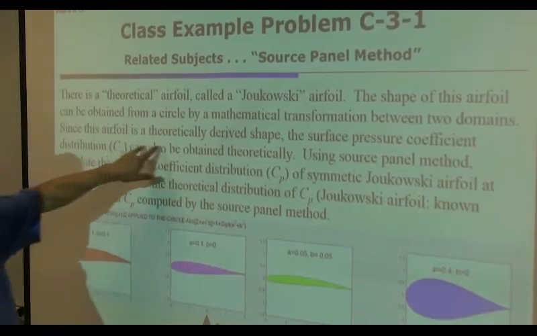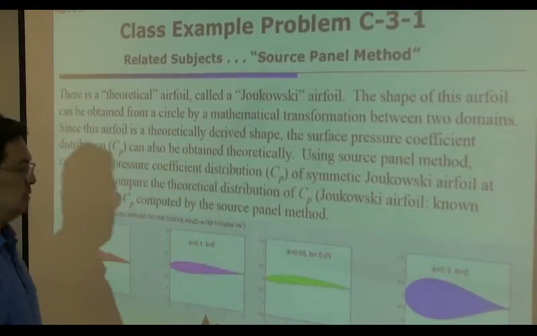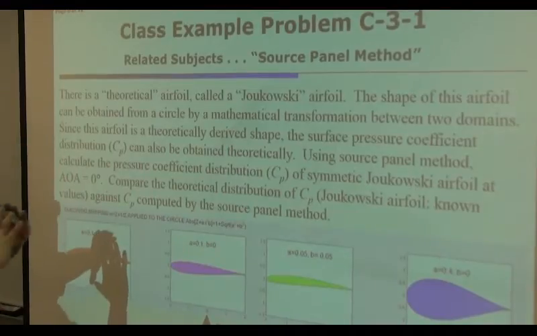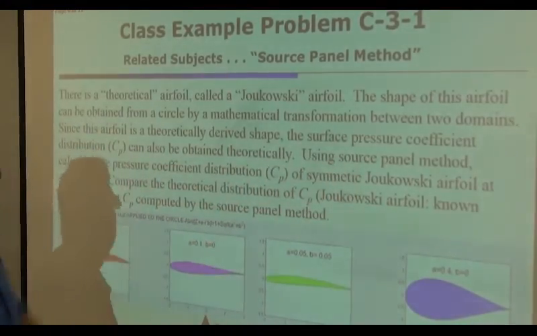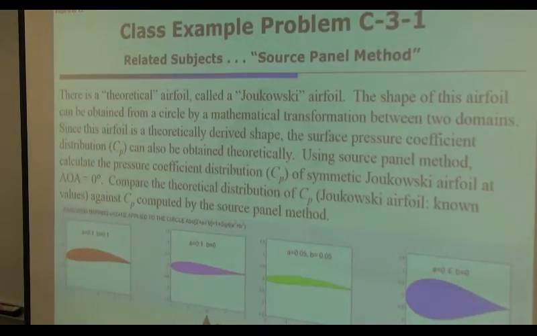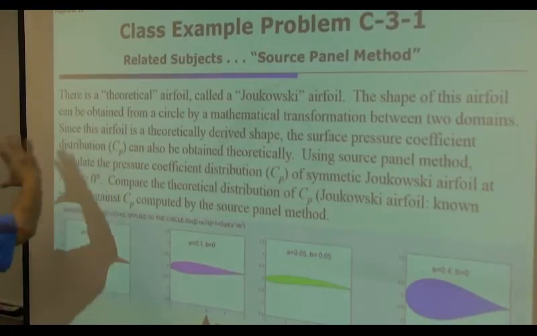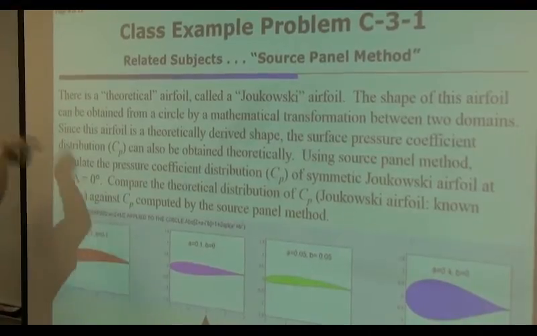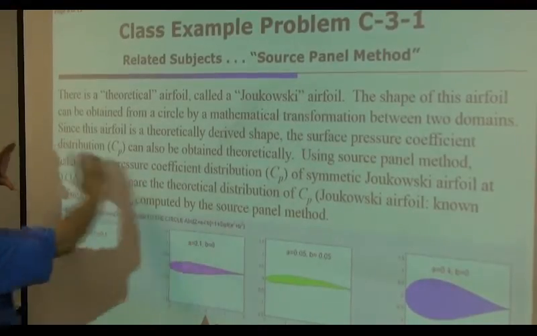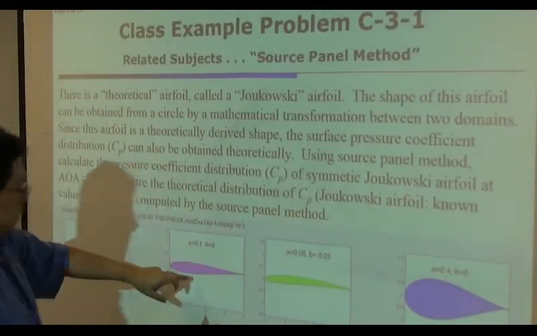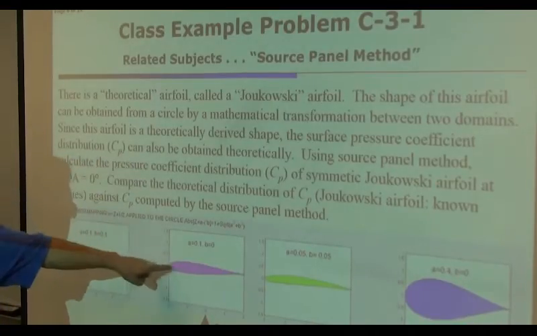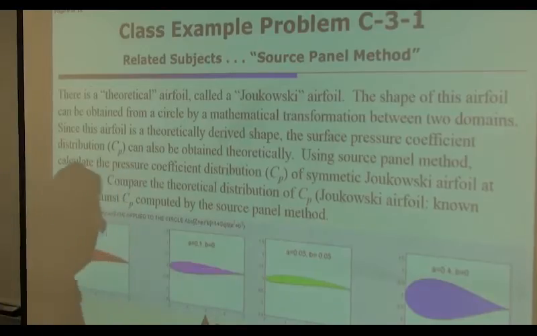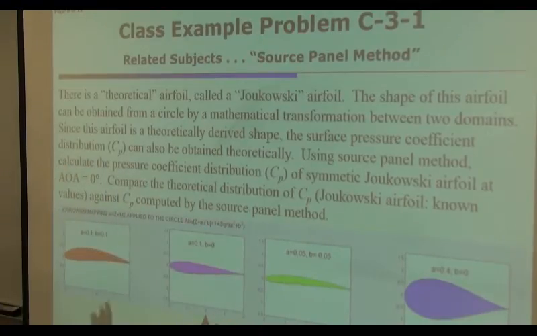Since this airfoil is a theoretically derived shape from a circular cross-section, the surface pressure coefficient distribution can also be obtained theoretically. In other words, the CP distribution of the original circular cross-section is given, and using this equation it is transformed into the airfoil shape. So the analytical value of CP can also be transformed, and you know that theoretical value.